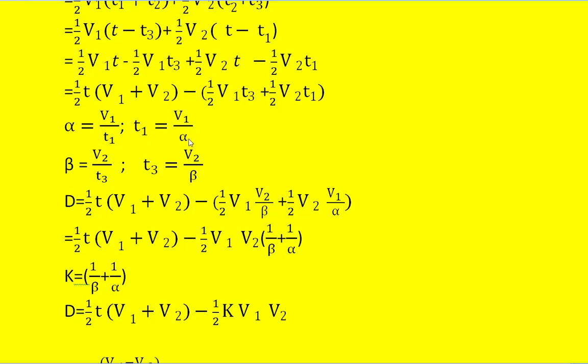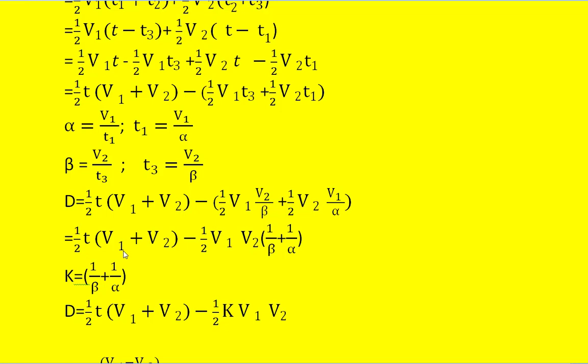From this we can write T1 is equal to V1 by alpha, beta is V2 by T3, so T3 is V2 by beta, and we replace T3 and T1 in terms of V1 by alpha and V2 by beta. So we can write D is equal to half T into V1 plus V2 minus half V1 into V2 by beta plus half V2 V1 by alpha.